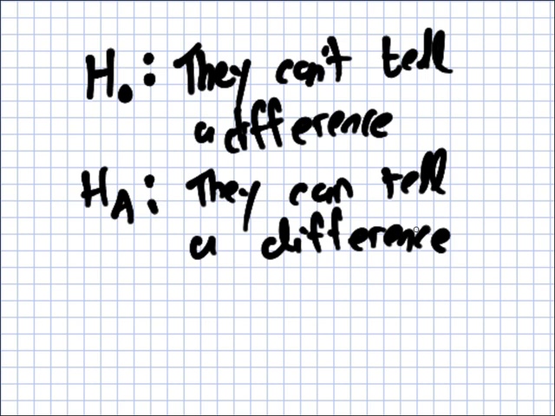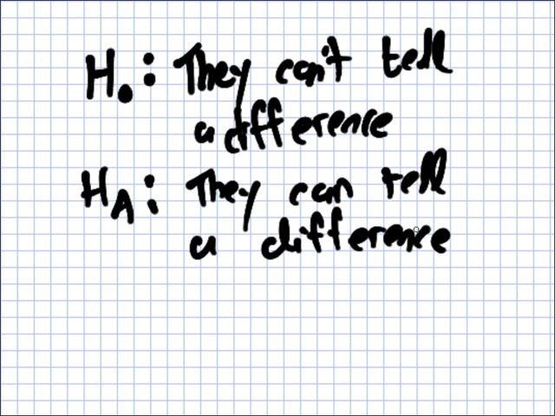The reason it's two tails is we're testing that they can tell a difference. That's if they get everything right, so when you put the milk in first, they say the milk is in first. Or the other side, that they get everything wrong. Believe it or not, that's telling the difference.